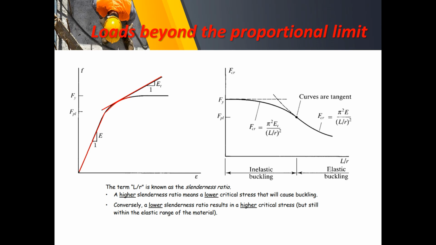A higher slenderness ratio means a lower critical stress that will cause buckling, while conversely, a lower slenderness ratio results in a higher critical stress but still within the elastic range of the material. That is why on that zone, we have the inelastic buckling, which includes a failure mode of yielding and crushing.